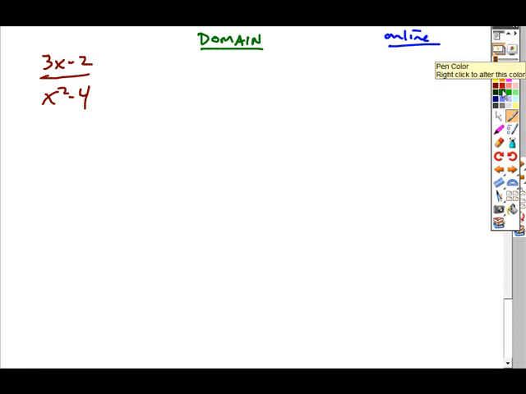Right, when you're dealing with restrictions due to rational expressions, the one thing that can never exist in a fraction is you can never divide by 0. So when you're looking at these fractions, you need to set the denominator equal to 0 and solve for all the values that would give you division by 0. And the easiest way to do that is just factor them.